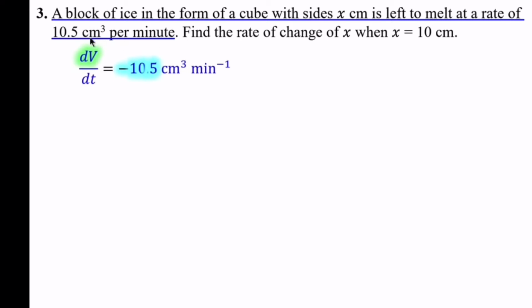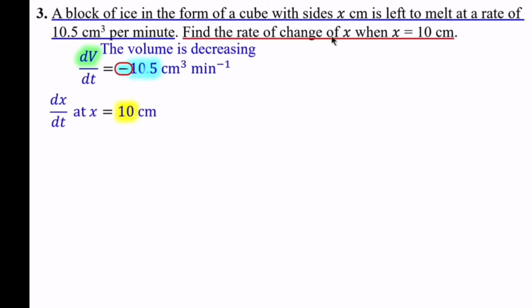Because of the melt, we knew that its volume is decreased, so we need to put negative. So we have dV/dt equal to negative 10.5 cubic centimeter per minute. So beware, there is a negative because the volume is decreasing due to the ice melting. So the word melt means volume decrease. Remember that. Find the rate of change of x, meaning dx/dt, at x equal to 10 centimeter.